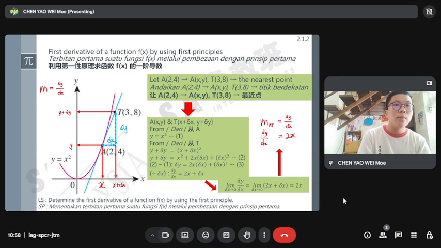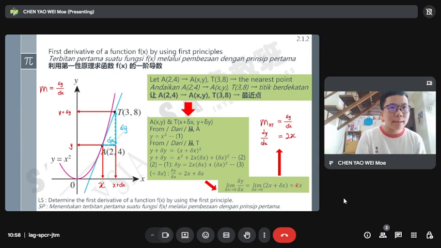Delta x cannot equal 0, so the limit is like that only. Because I have delta y over delta x, I substitute into the limit, 2x plus delta x. When delta x approaches 0, I substitute delta x equals 0 in the equation, so I get the answer: the limit is 2x.